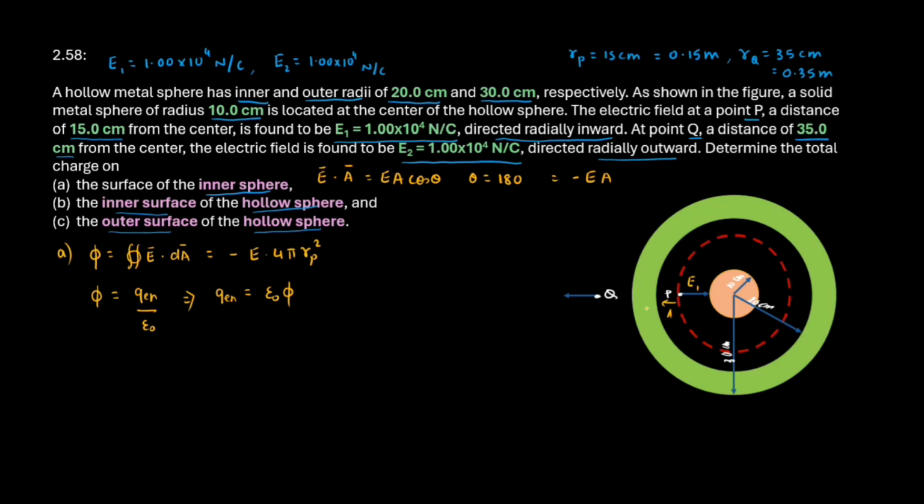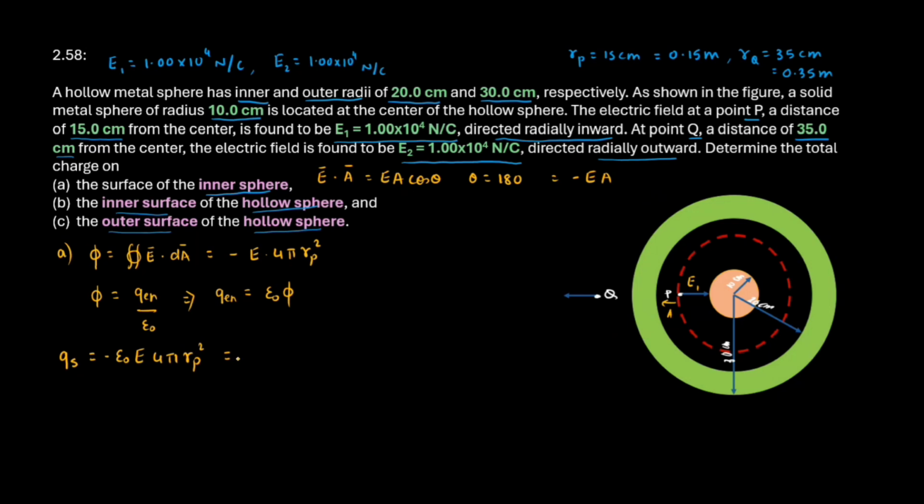And this charge enclosed by the Gaussian surface is nothing but the charge on the surface of the solid metal sphere. So we can write charge enclosed as Qs, which is the charge on the solid metal sphere, equals epsilon naught times phi, which we substitute as negative E 4 pi Rp squared.